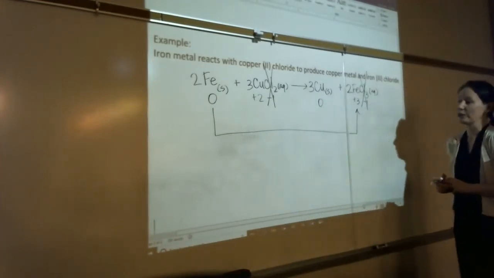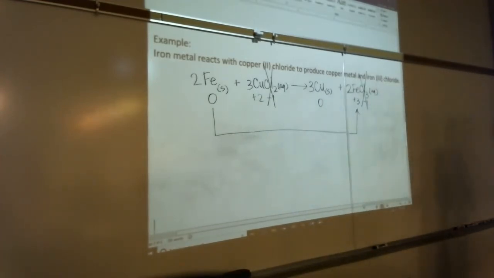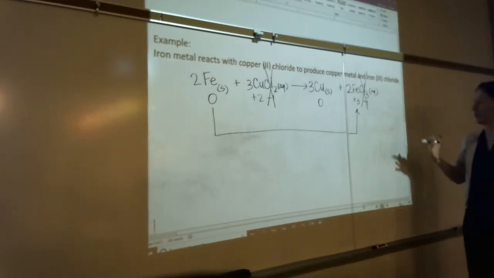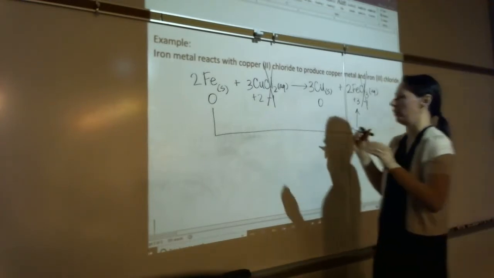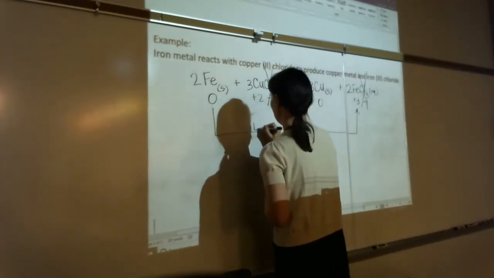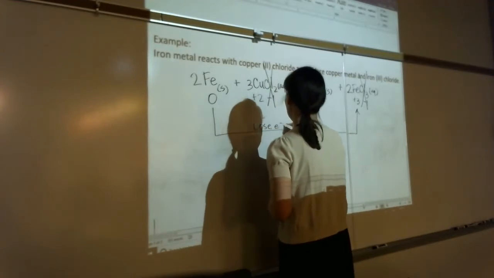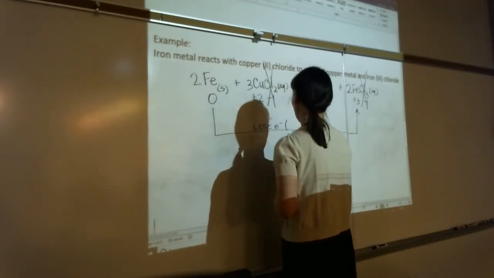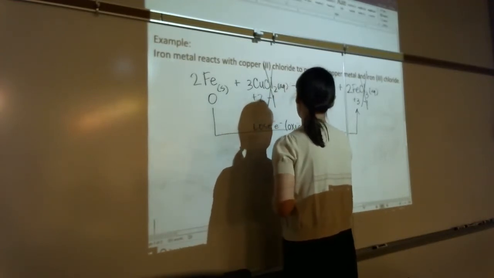Did that lose electrons or gain electrons? I've heard both answers. Which one is it? Your number went up. You lost something that is negative, so your oxidation number went up. So you have lost electrons. So that would be oxidation.